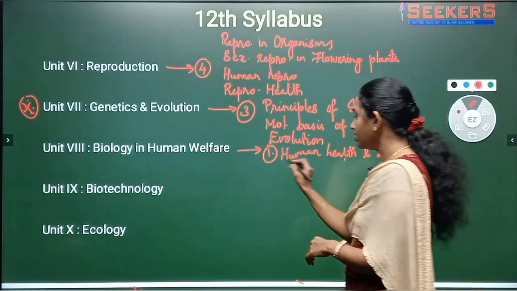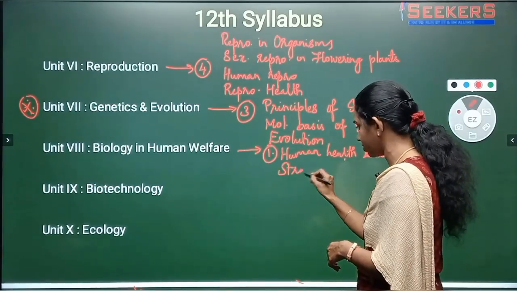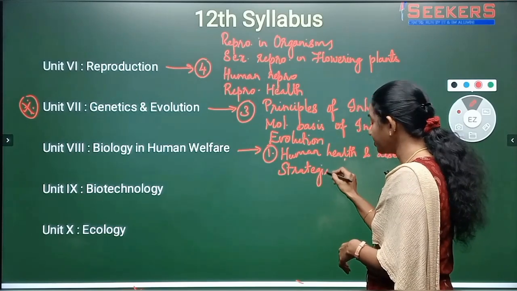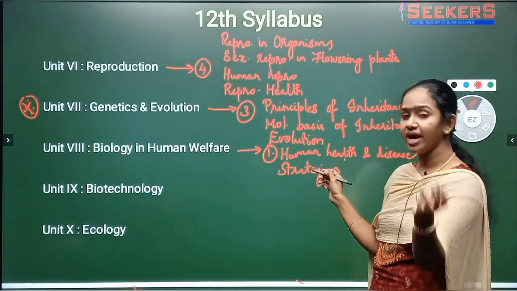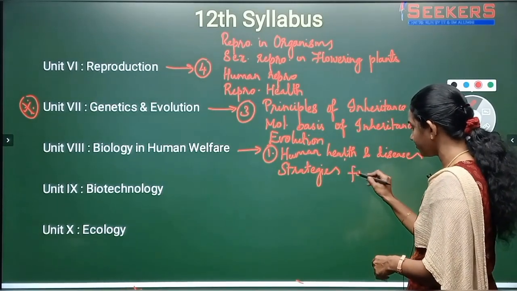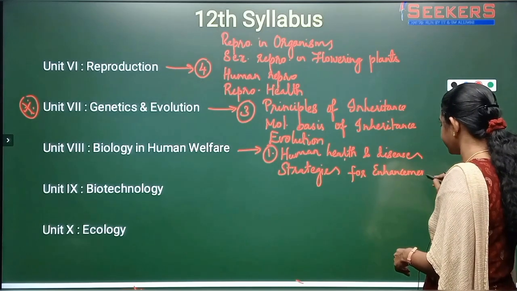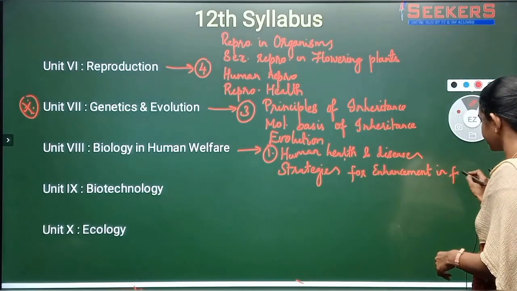Okay. Now, the next chapter in this unit is strategies for enhancement in food production. So this chapter is going to deal with plant breeding, animal husbandry, all those things. Right.